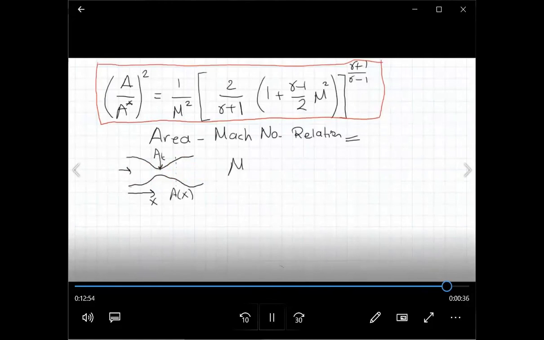So Mach number, implicitly from the equation above, is a function of A over A star. So if you have manufactured a geometry, this is fixed, A over A star is known, then that automatically sets your Mach number distribution. Therefore, this is the main reason why the area Mach number relation is extremely useful in designing converging diverging nozzles for rocket engines or for supersonic wind tunnels.